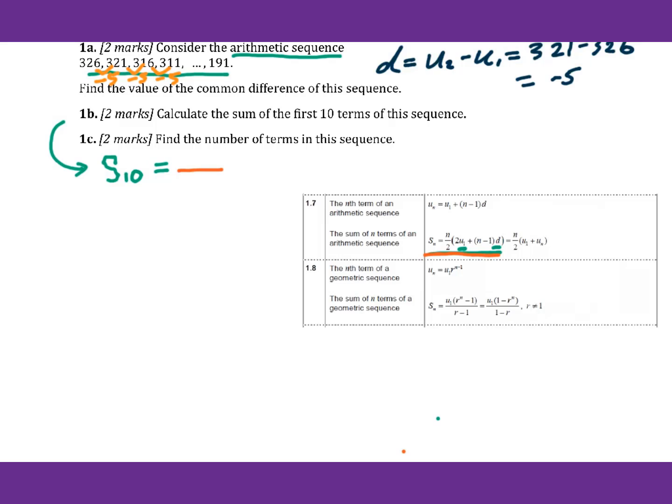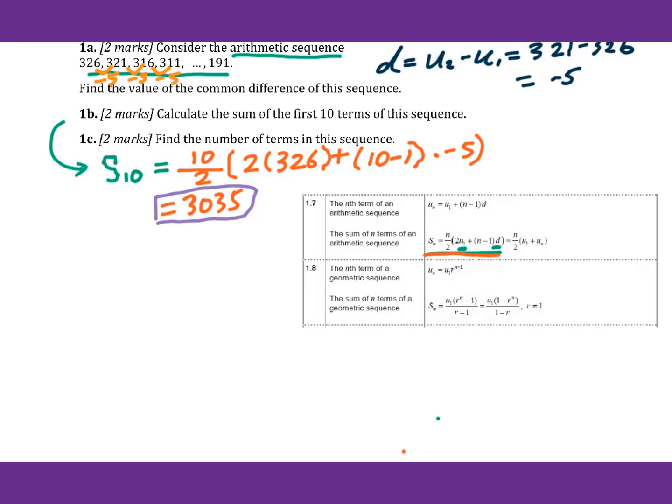So you get 10 over 2 times 2 times U sub 1, that is 326, plus 10 minus 1 times D, that is negative 5. Then equals. The answer will be this.